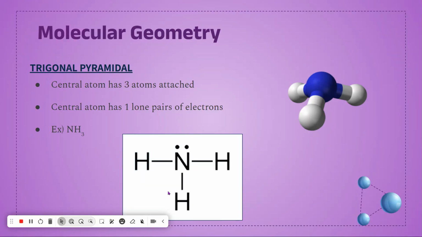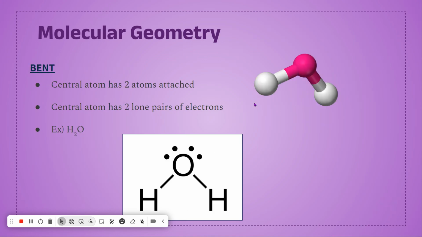And this shape has 3 atoms attached, but also has a lone pair of electrons sitting on top of the central atom. And what this does is it kind of makes those hydrogens, it pushes them away. They are the whole repulsion idea, and it makes it kind of look like a tripod.